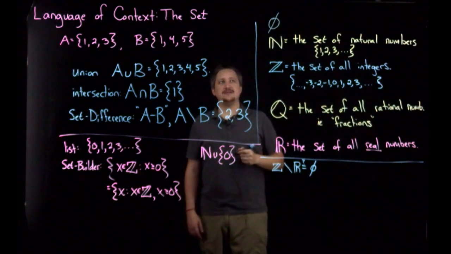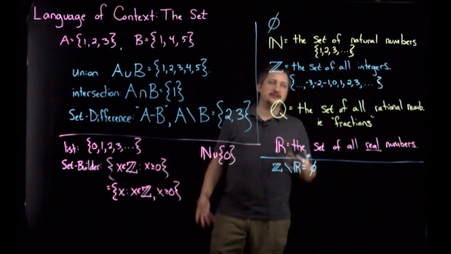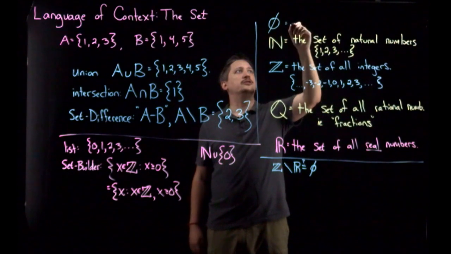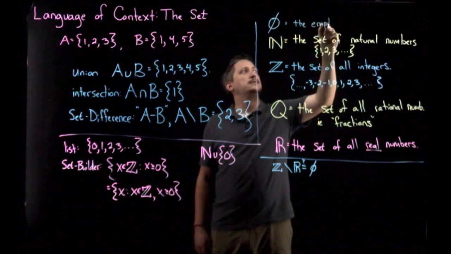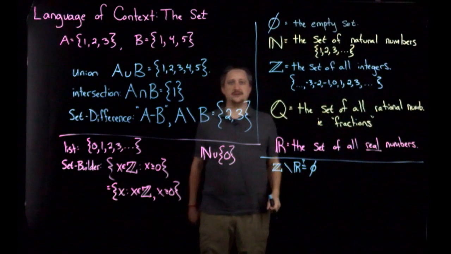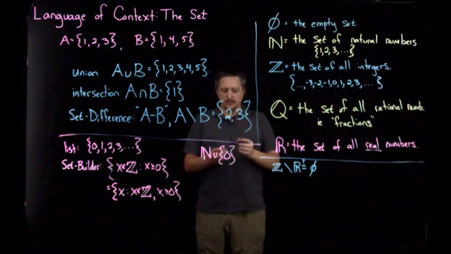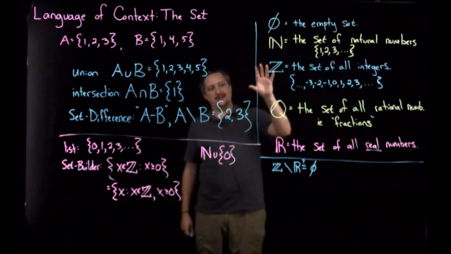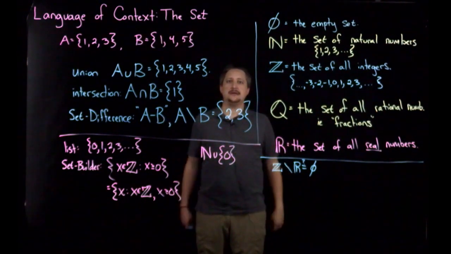One typically writes it with the diagonal slash, but you can write it with a vertical slash. It's not theta, just to be clear. We call this the empty set. This is the set that contains literally nothing. There's nothing in it at all. All right. So with that, we've talked about how to build them, how to combine them, how to write them, and common forms of these sets. So that is that.